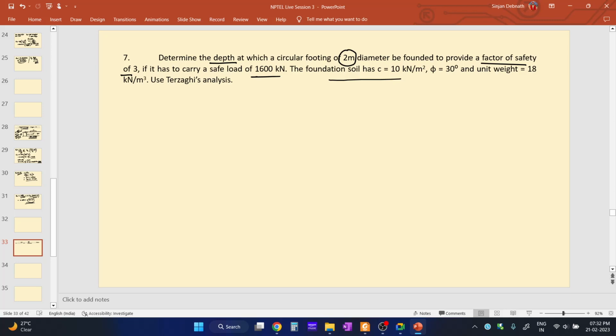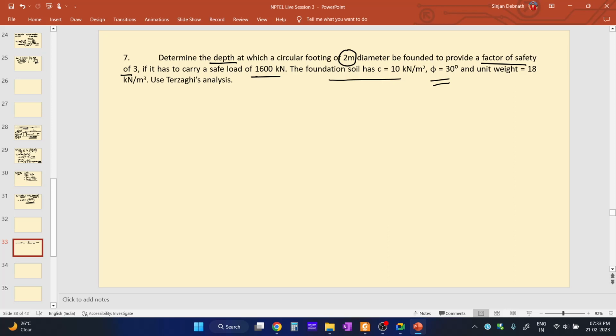Use Terzaghi's analysis. Here the phi value is 30 degrees. In case of such values, we are advised to find the bearing capacity by considering both the general shear failure theory and the local shear failure theory for Terzaghi analysis.